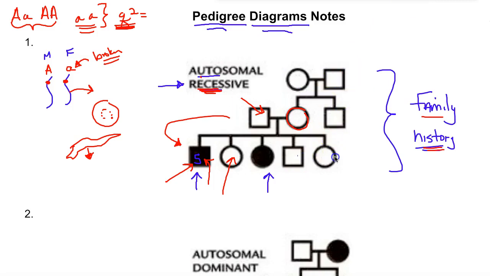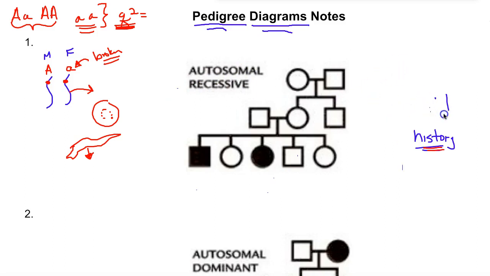The first thing you have to realize is that autosomal means chromosomes, or information on chromosomes, that is not sex related. So we're talking about information on chromosomes that do not have any sex-linked abilities, meaning the gender of the individual does not help determine the disease.